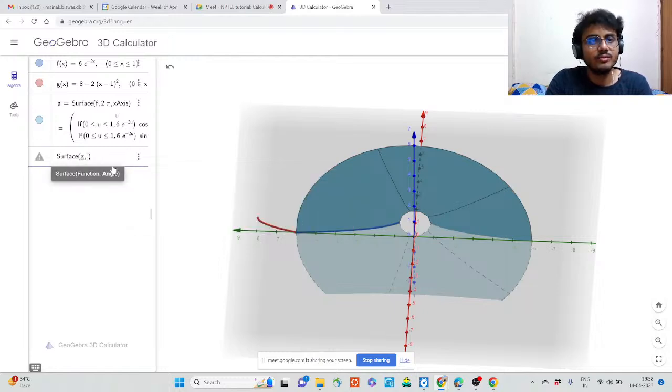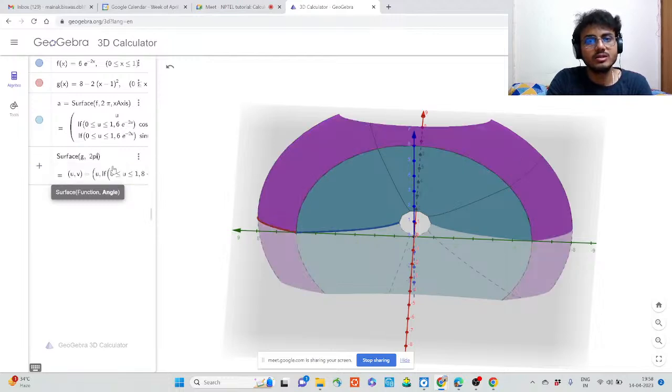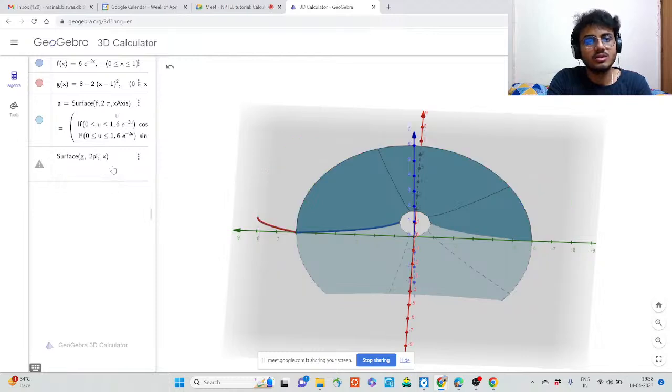Is it helpful? g of x and 2 pi, x-axis. Did we rotate about the x-axis or the y-axis? X-axis only now, yeah. X-axis.